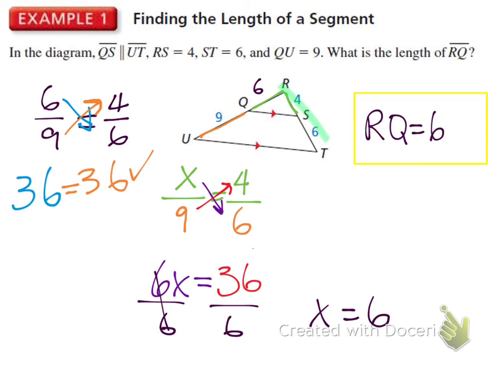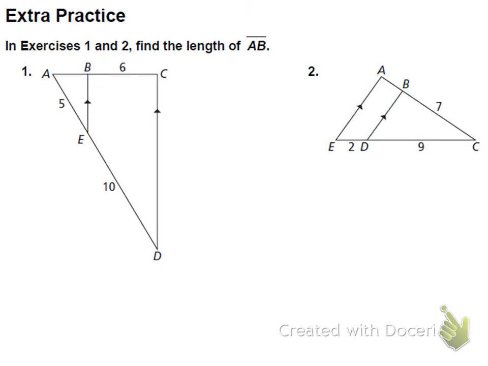Okay, so we're going to set up proportions. That's it. We do it again. Find the length of AB. So we need to find that piece, AB, right there. So I'm going to put x in the numerator and 6 in the denominator.